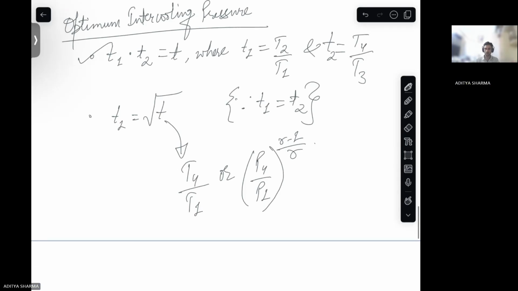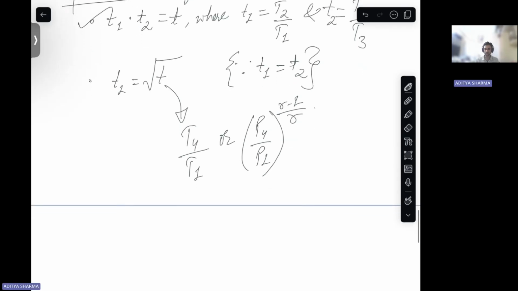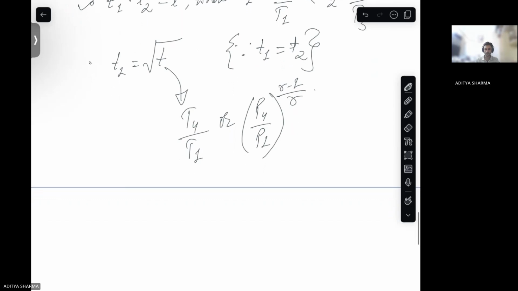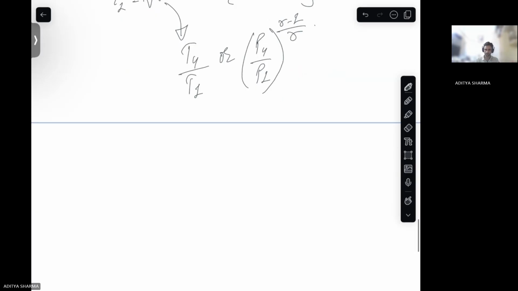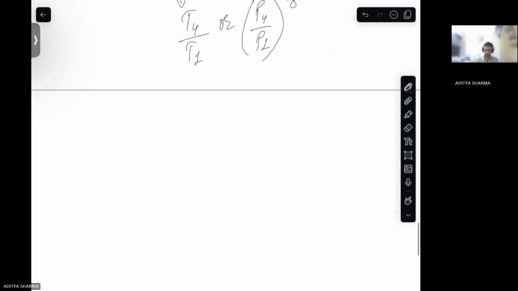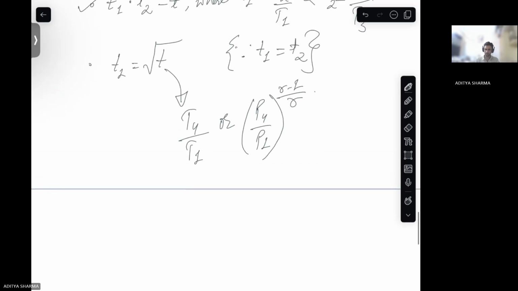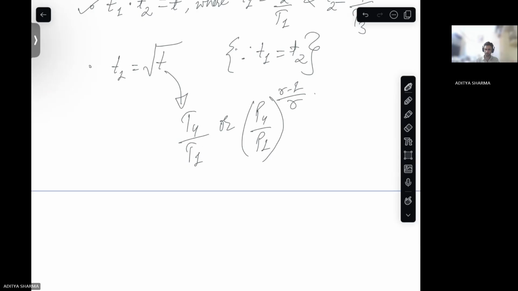Then is your efficiency with intercooler. So how your efficiency is dependent on beta, right? So at the end of the session, if we have time, we can discuss this.